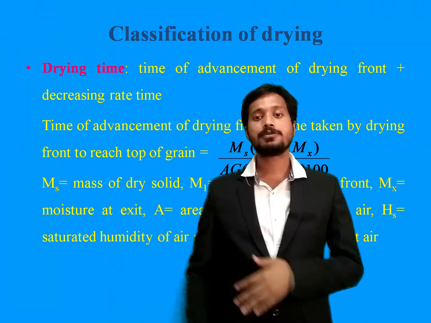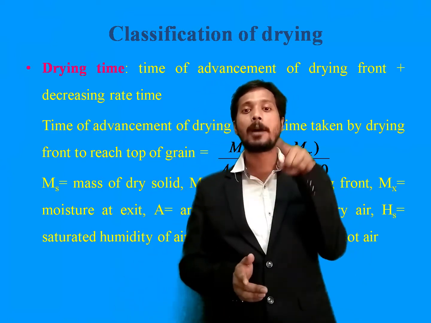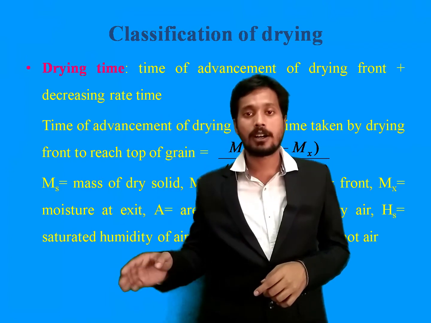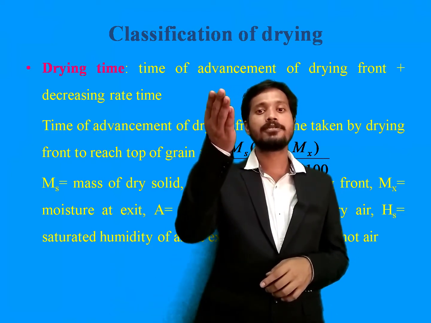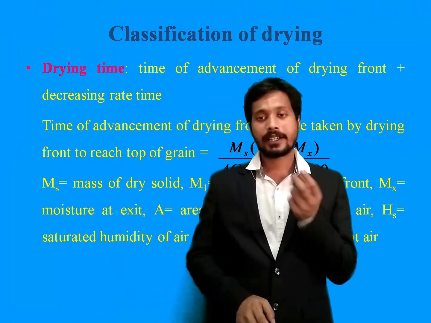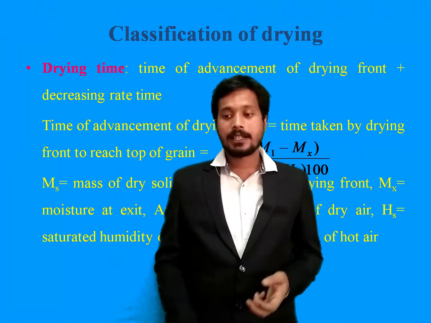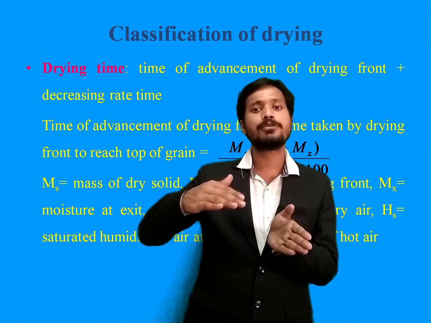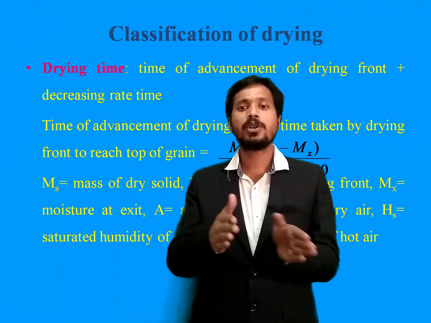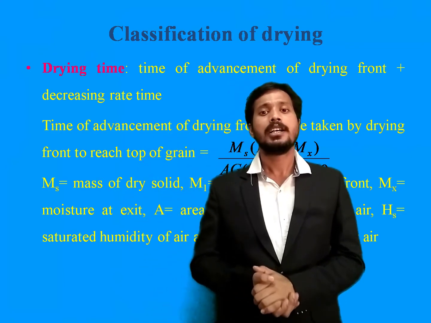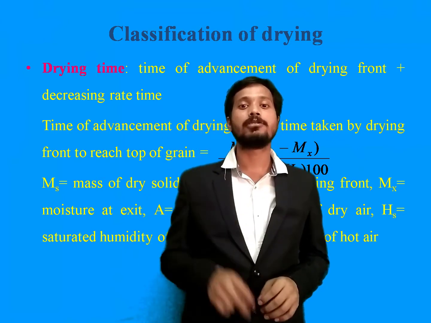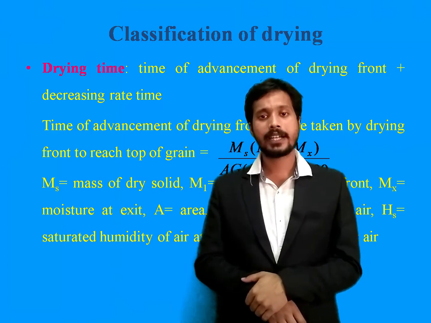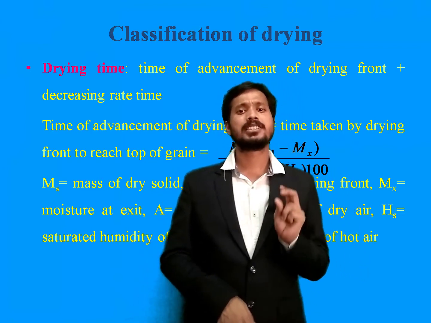From the bottom layer you go up with the advancement of the drying front. The time required to reach from the bottom layer to the drying front is one section, plus the next one, the decreasing rate time. In that decreasing rate time, from the drying front to the wet grain, the drying rate slowly reduces. How much time does it continue? If we combine both, we get the deep bed drying time.